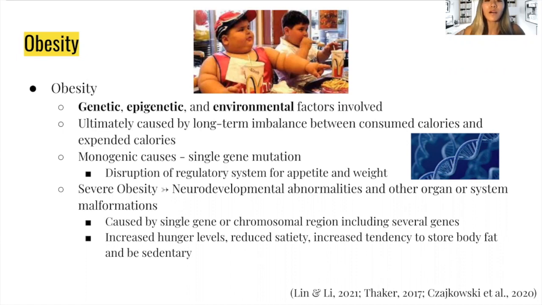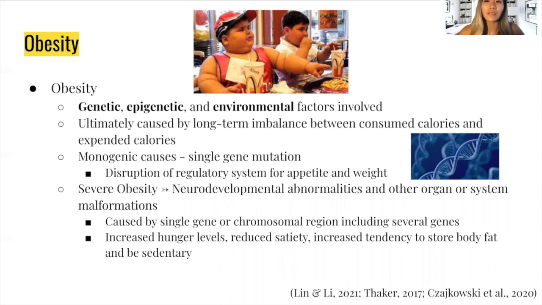The system involves hormonal signals such as ghrelin, leptin, and insulin, and they're sensed by receptors located in the arcuate nucleus of the hypothalamus. And then you have neurodevelopmental abnormalities and other organ or system malformations that are caused by a single gene or a chromosomal region that includes several genes.